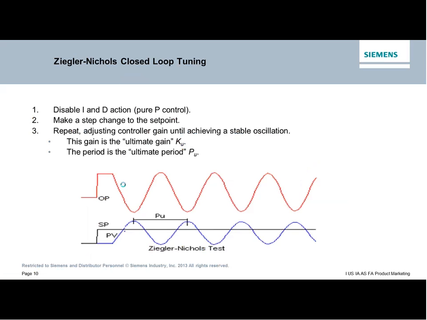It comes from the 40s, and really all you do is turn off the I and D functions, and turn up the proportional P value until the loop oscillates. Once it's oscillating like this, we can look at two things. We know the P value that we've turned it up to in order to get the oscillation. We also know the distance between the peaks here, so we look at the period of the oscillation.